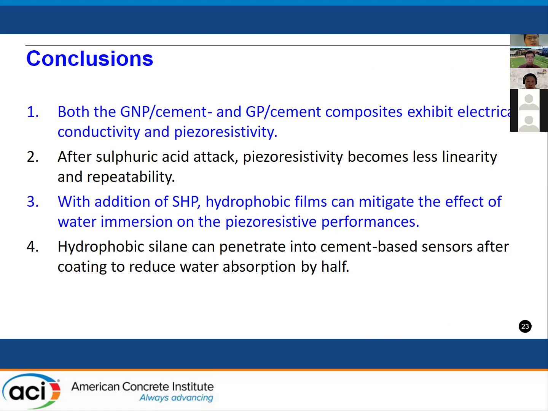And thirdly, with addition of the SHP, we can see the hydrophobic films can mitigate the effect of water immersion on the piezoresistivity performances. And finally, the hydrophobic CNM solution can penetrate into the cement-based sensors after coating treatment to reduce the water absorption of the hydrophobic cement-based sensors by half further.